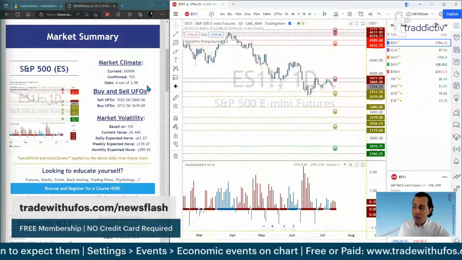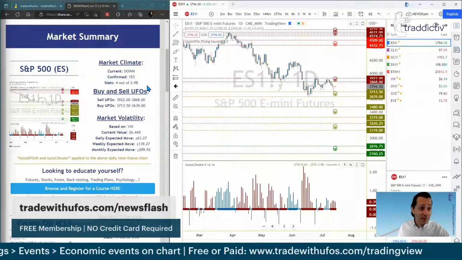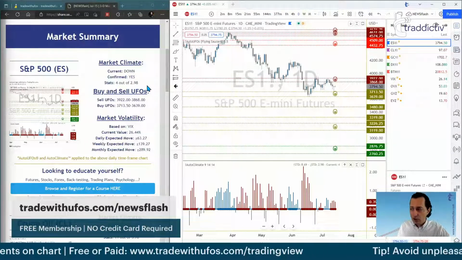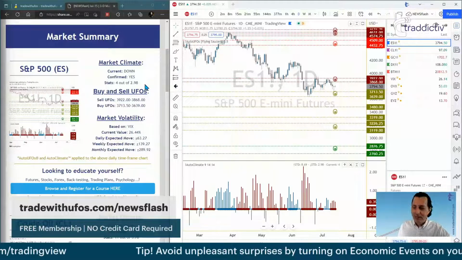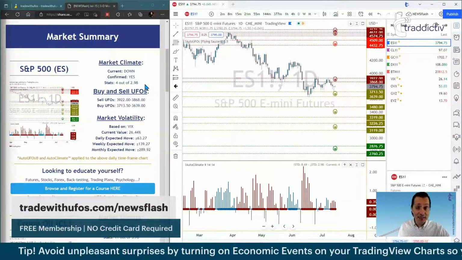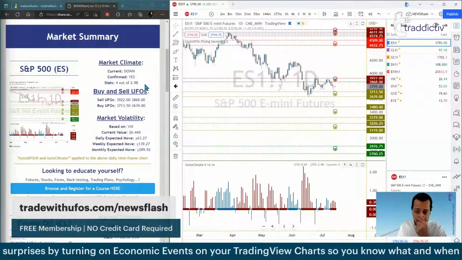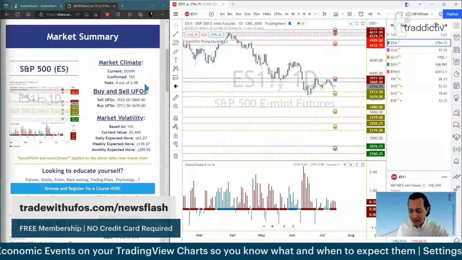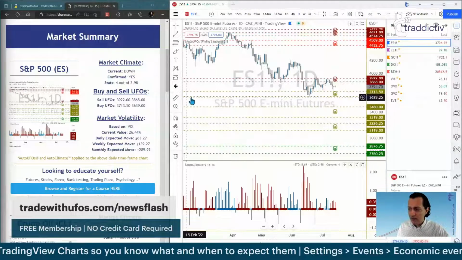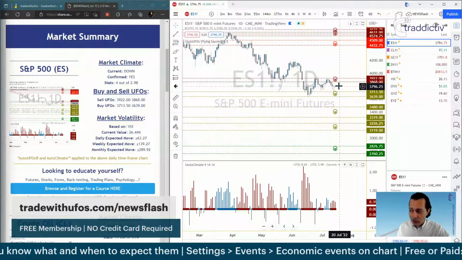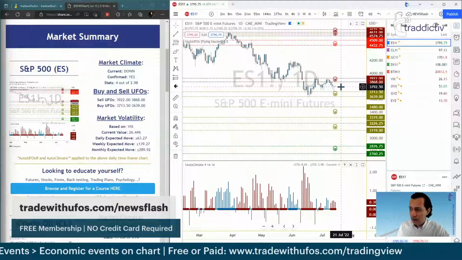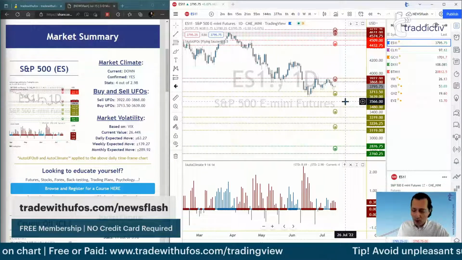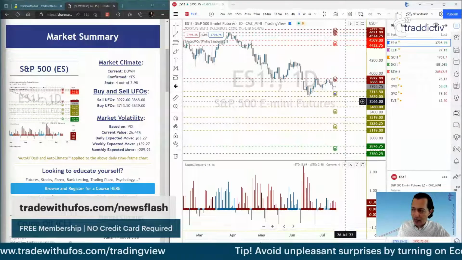Could the climate continue falling down? For sure, because statistics are there to be broken, but also statistics are there to be a powerful reference. In this case, 2.98 is the reference. So betting that the market could continue falling could happen, but it's not likely. It's more likely for the climate to reverse than continue lower.